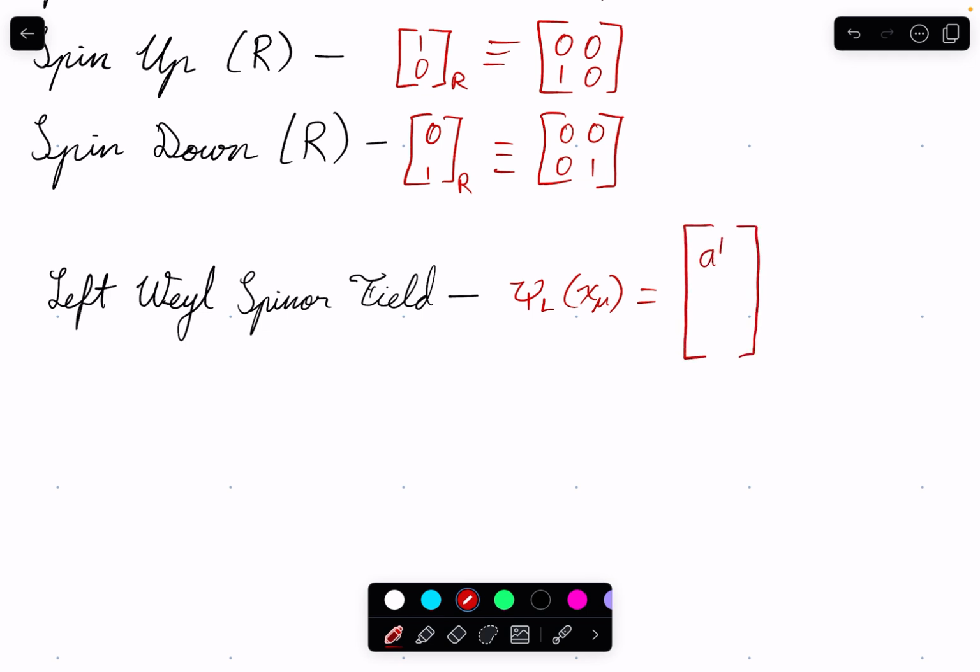And it has some left-handed component in the spin up direction, some spin down direction.